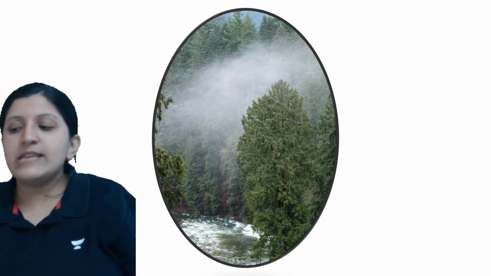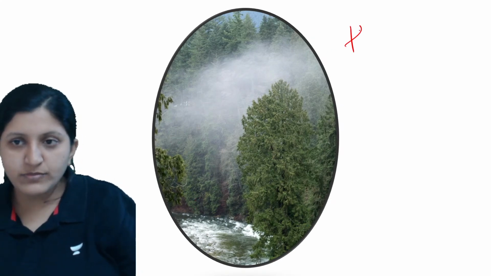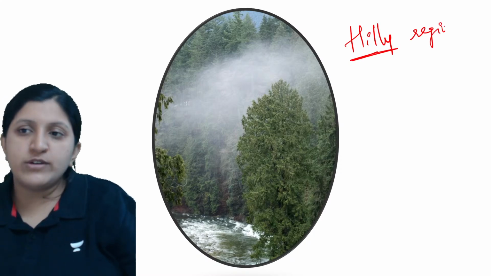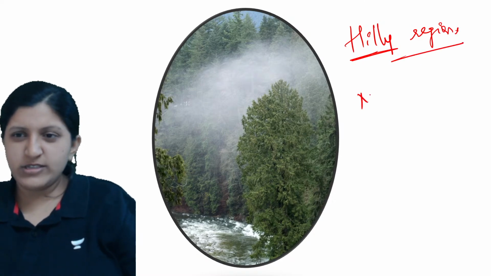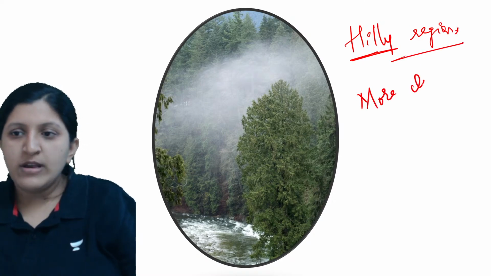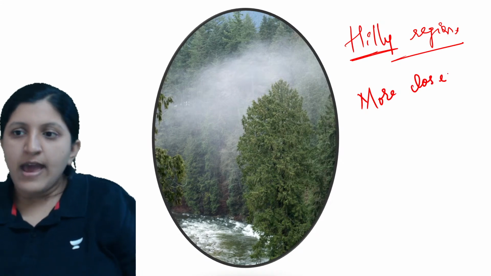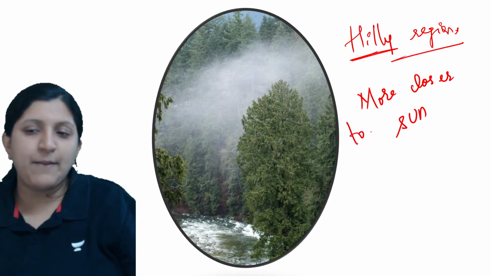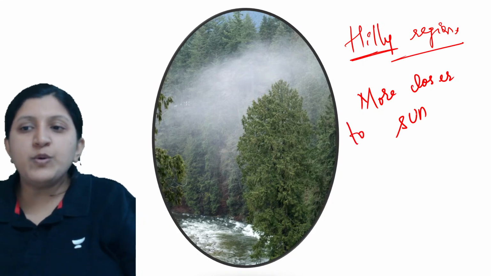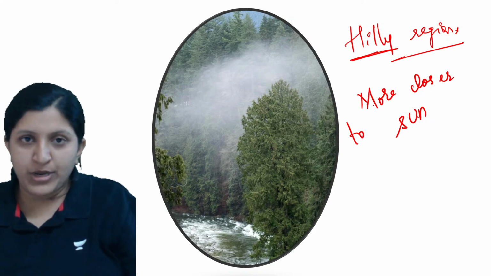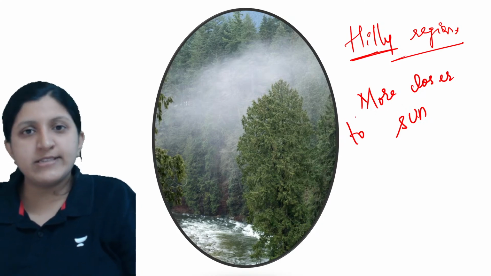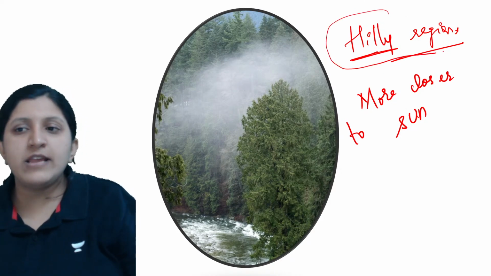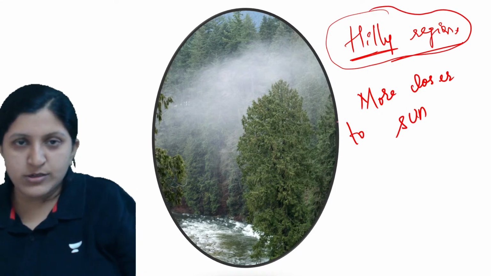Now, this is in hilly regions. Since a hilly region is closer to the sun, the temperature is hot. The atmosphere is cool itself, but the temperature is too hot because it is closer to the sun.